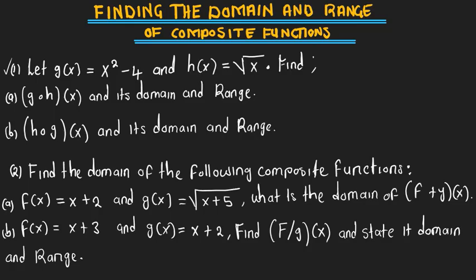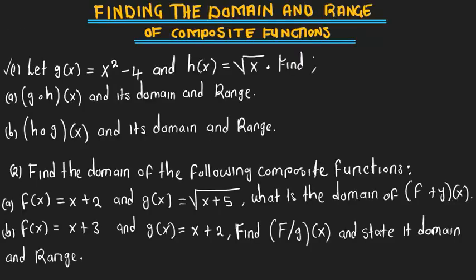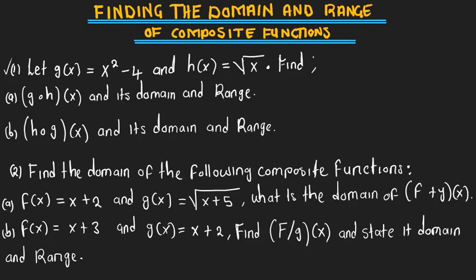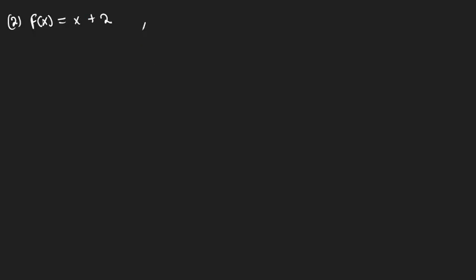So we have f of x is equal to x plus 2, and then the other function is g of x, which is equal to the radical of x plus 5.